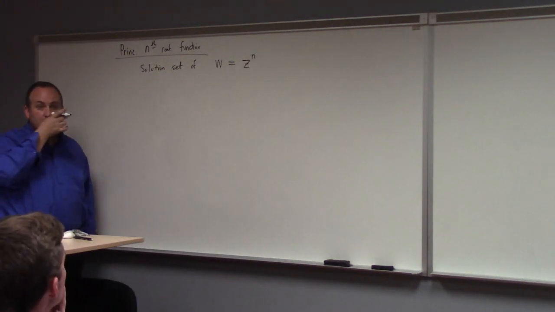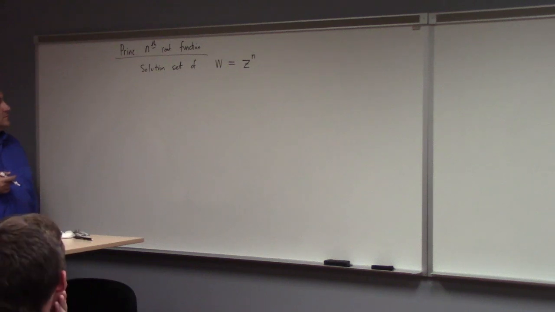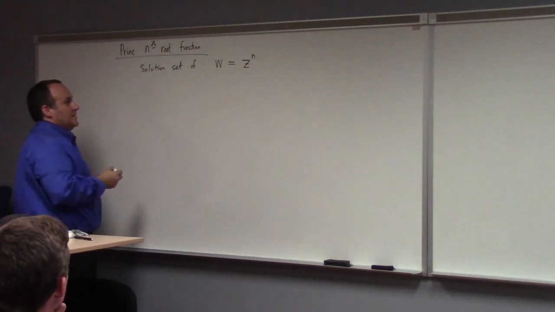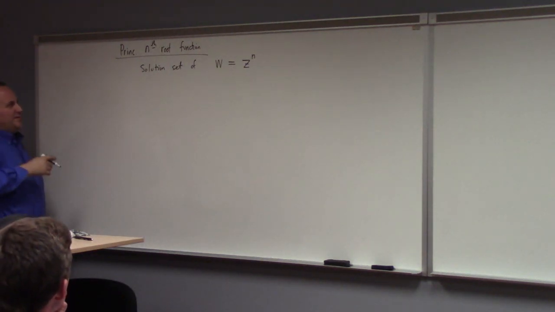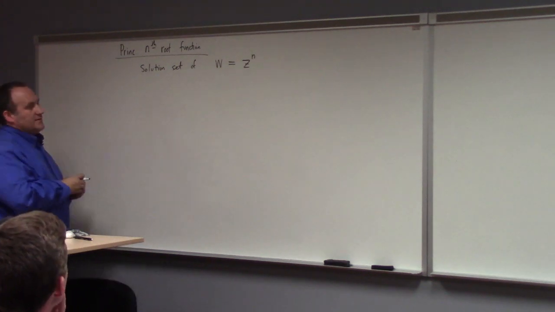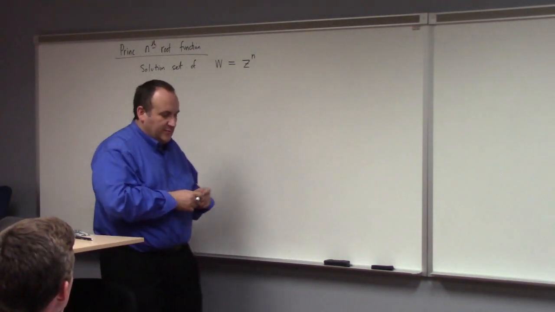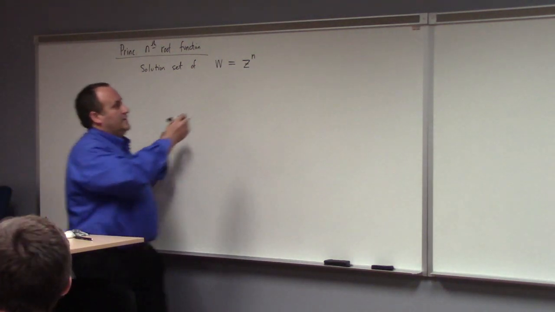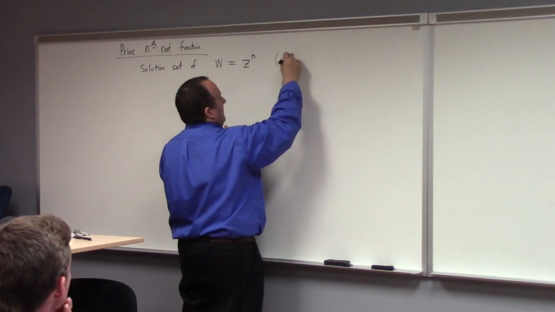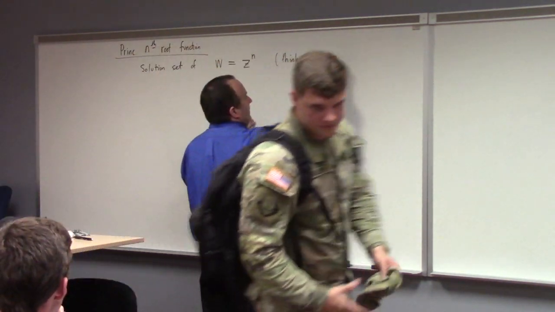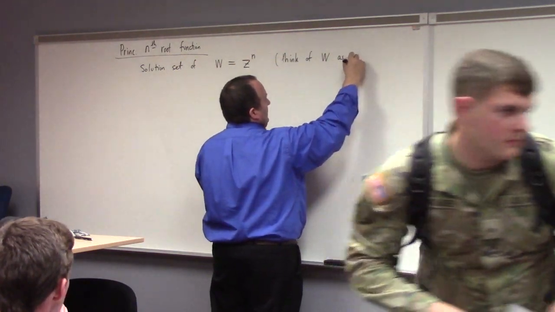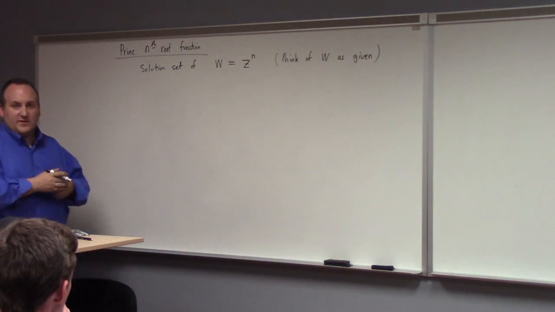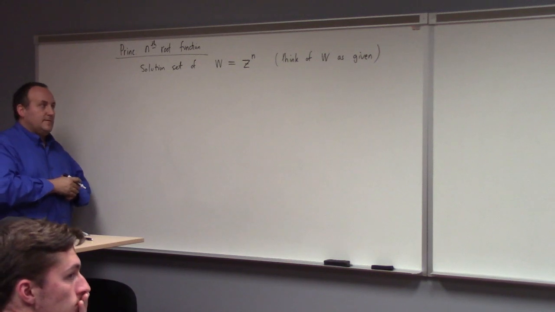All right, so we want to solve w equals z to the n, where w and z are complex variables. Here, we'll think of w as given. We're thinking of w as being given, z is a variable. We're trying to figure out what it could possibly be and get you back to w.